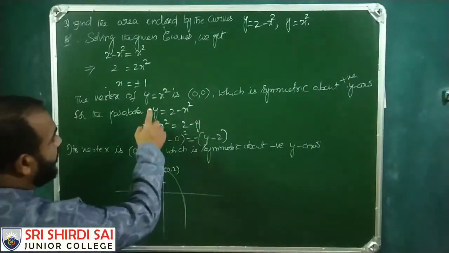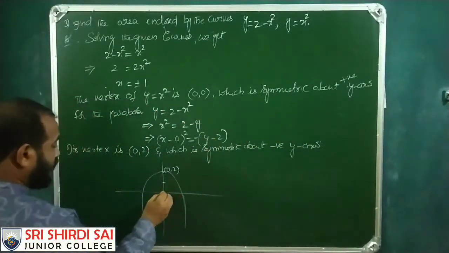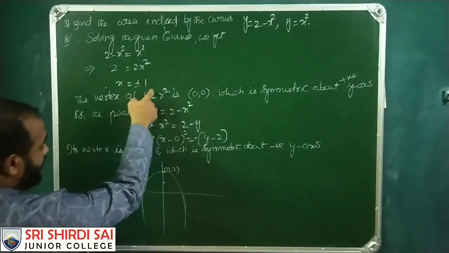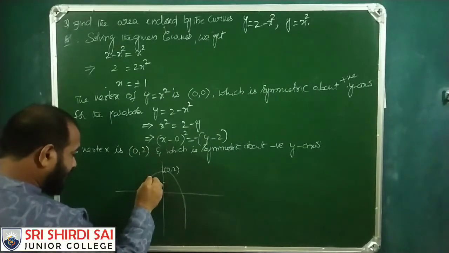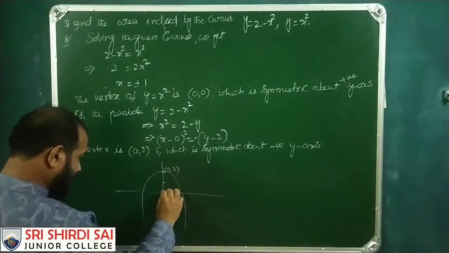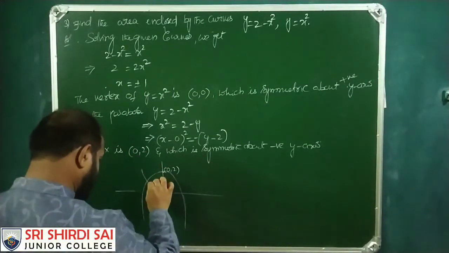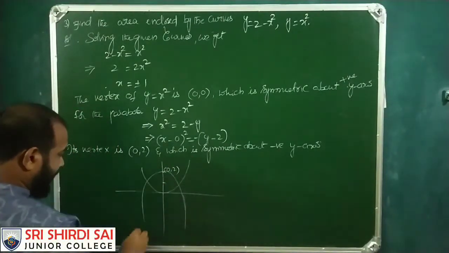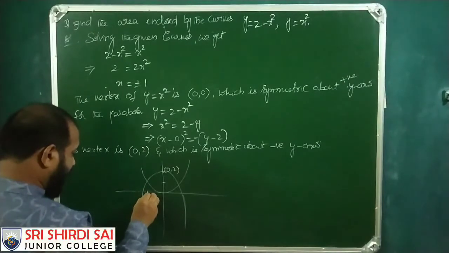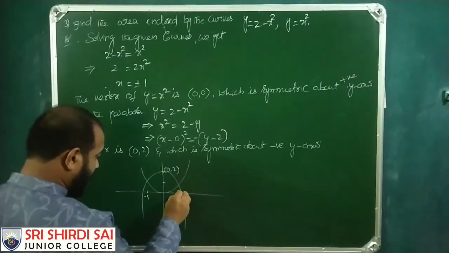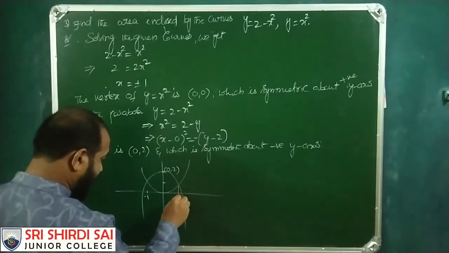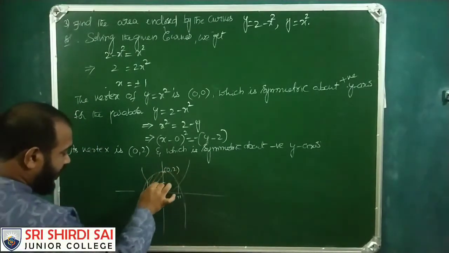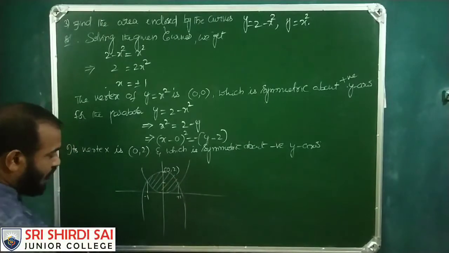Both intersect at minus 1 and plus 1. This is minus 1 and this is plus 1. Therefore, this is the area of the region bounded by these two curves that we want.